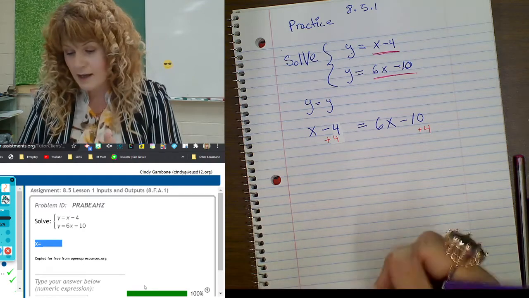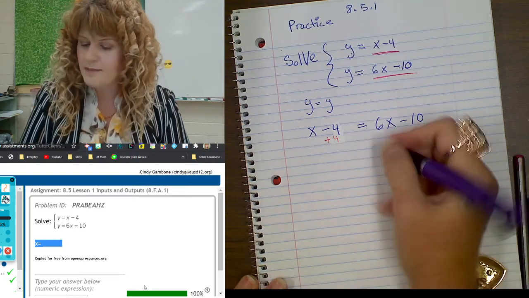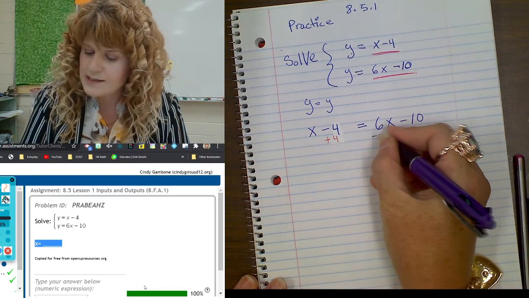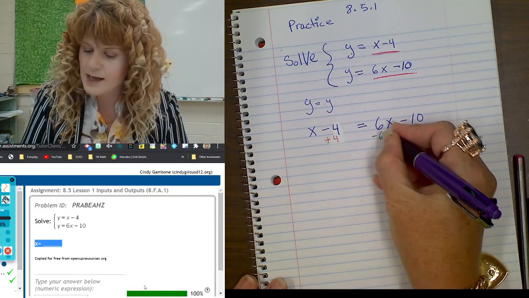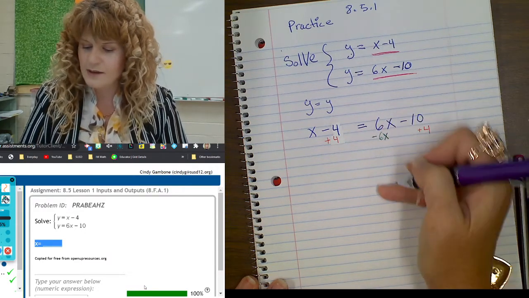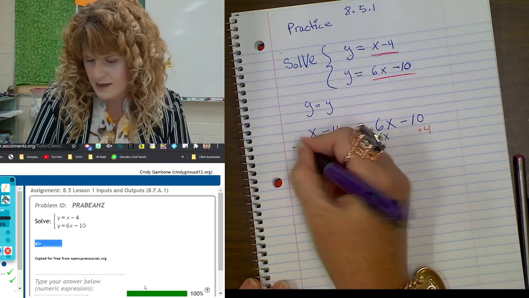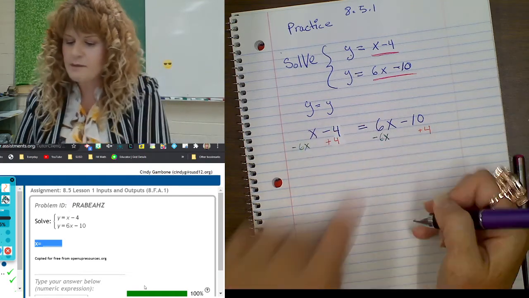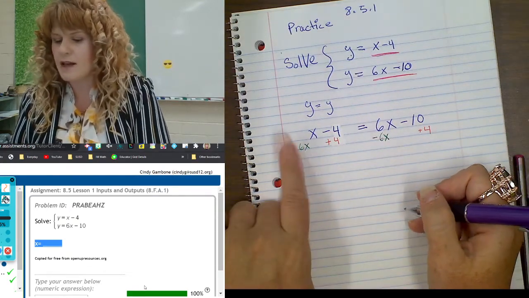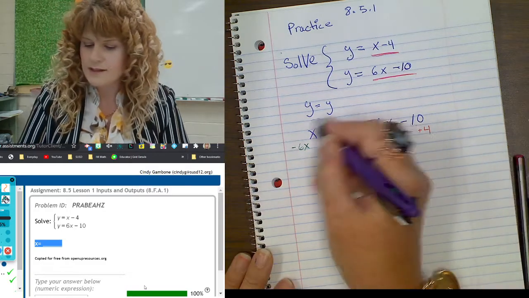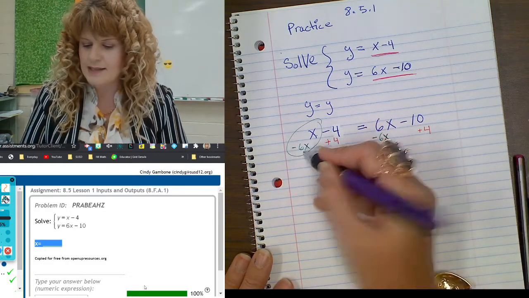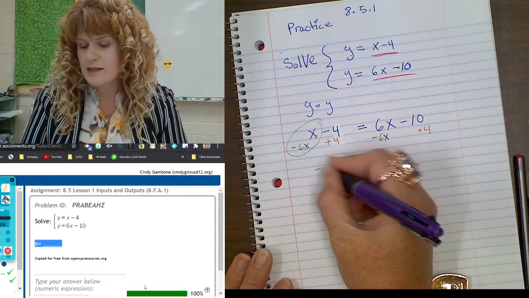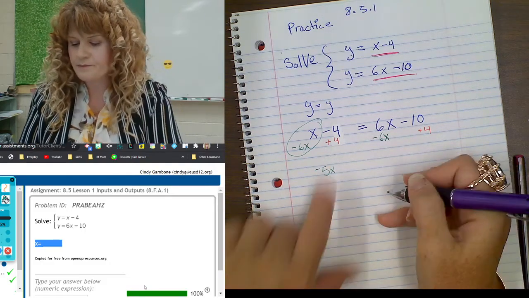And then at the same time, I want to combine my x's. I'm going to subtract 6x from the right side so that it cancels out on the right, and I have to do the same thing on the left. So I'm combining the x's on the left side. Let's do it. Now, x minus 6x is negative 5x.